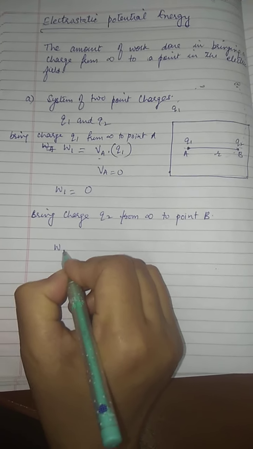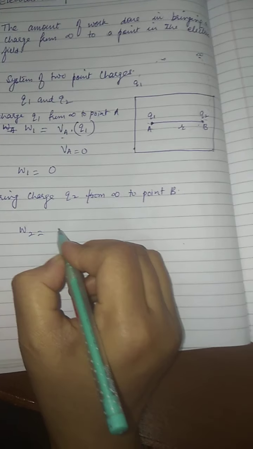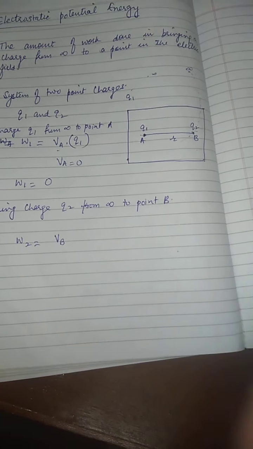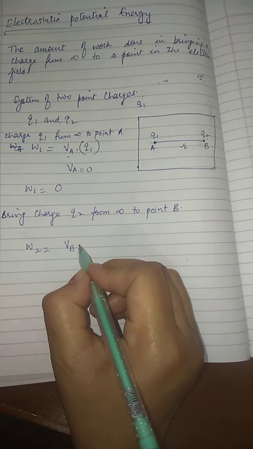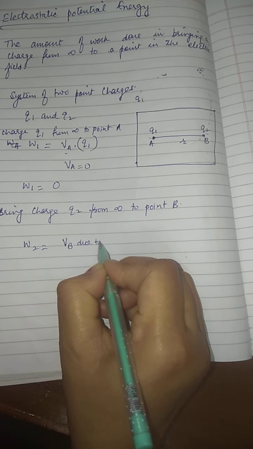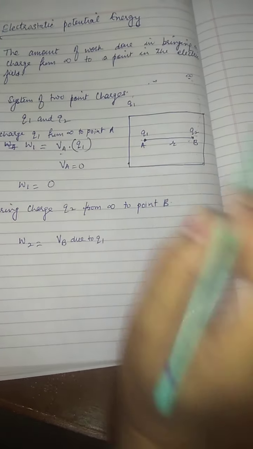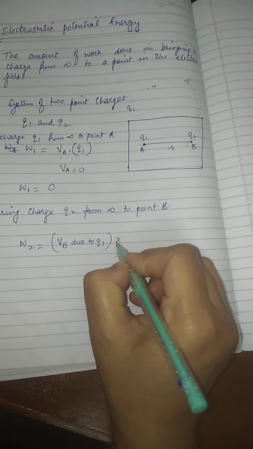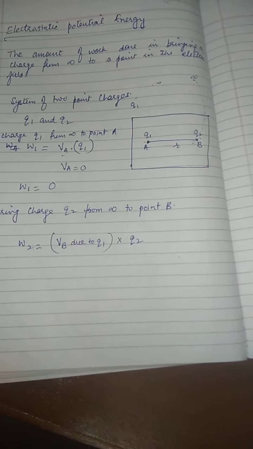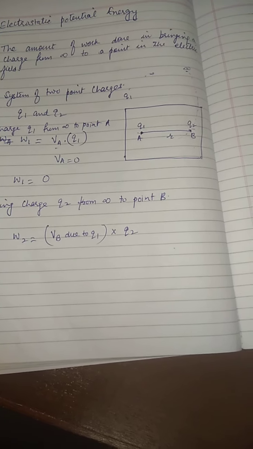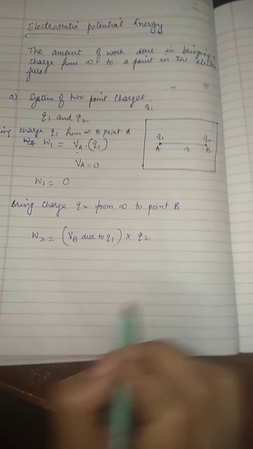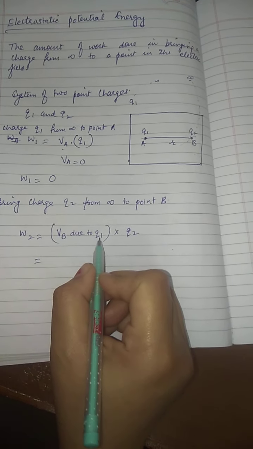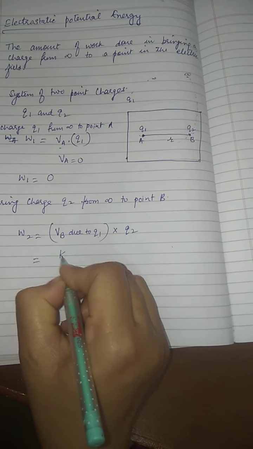So work done in bringing the second charge would be, as we have to keep the charge at point B, so I will write the potential at point B due to Q1, because Q1 was already there in the system, times the charge which we are bringing from infinity to point B. So this formula will give you the work done. So now I want the potential at point B due to Q1. What is the formula for the potential?